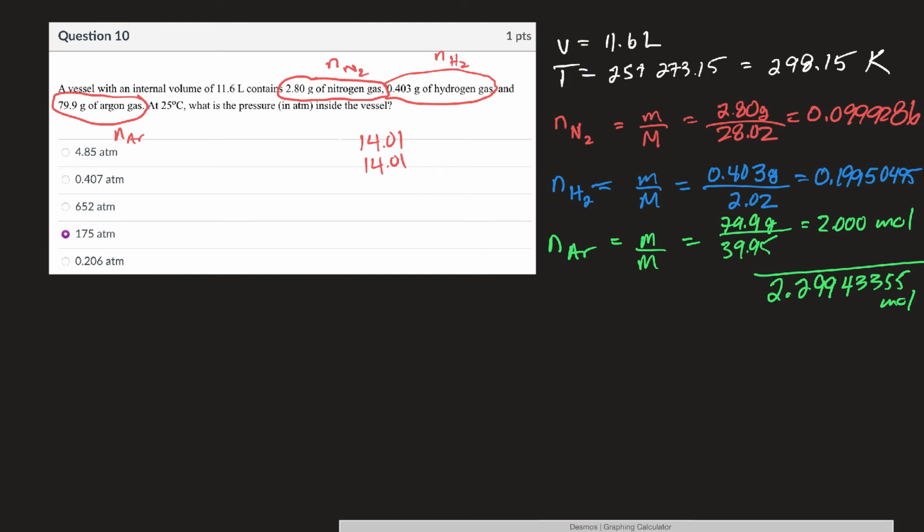So now that I have all the moles, I can do my PV equals nRT. They want to know the pressure, so I'll divide both sides by volume.